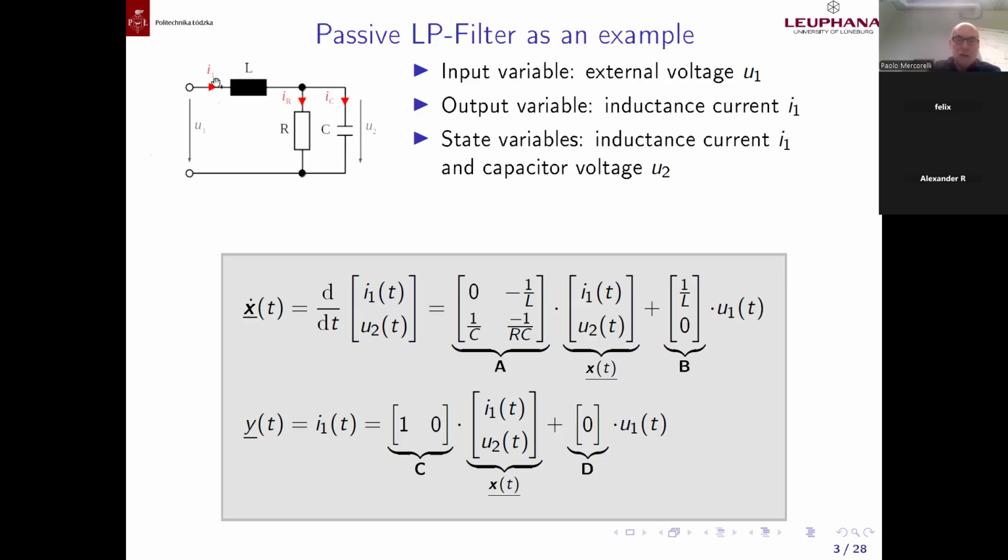We have an input U1, I think it's written, yeah, U1, and we considered here the output I1. This means in the sense of system theory, we oriented the system somehow. Oriented means in this context, in the concept of system theory, that I have an input, I have an output.